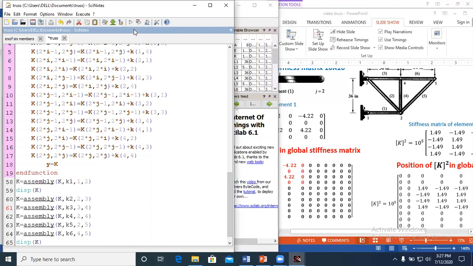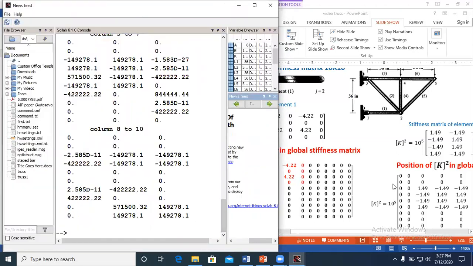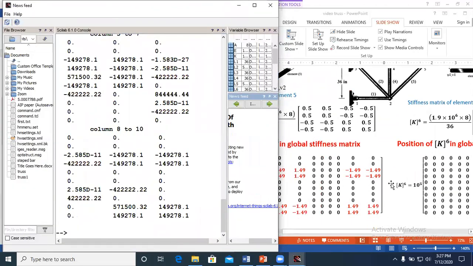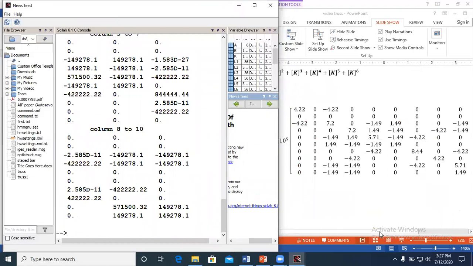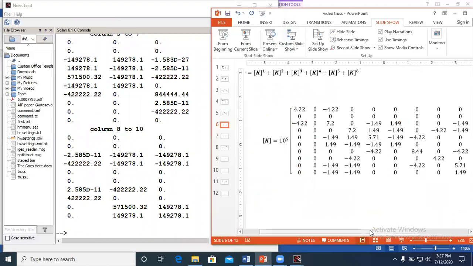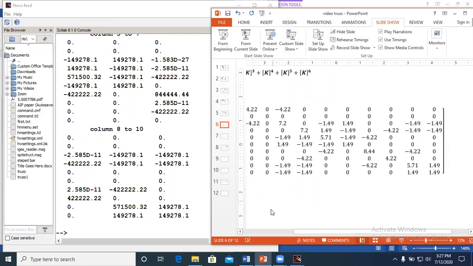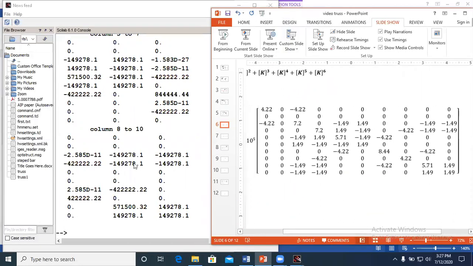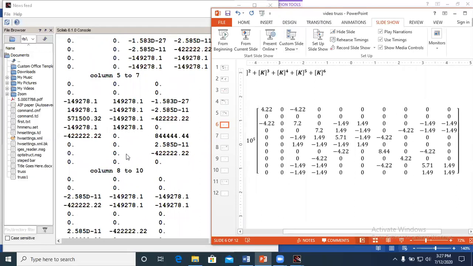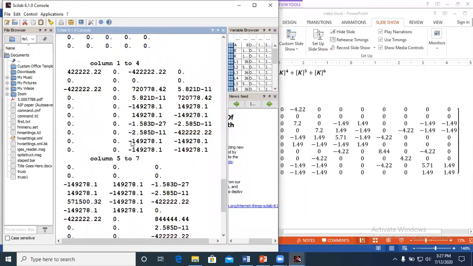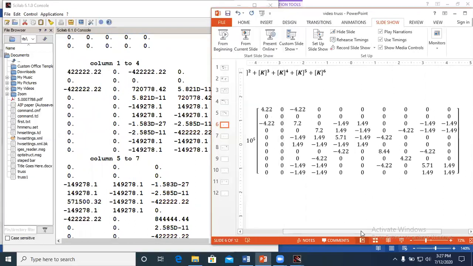Now I will execute it. Now you can go for the final assembled stiffness matrix. Now you see this one. It will start from here. Now you can see this one.